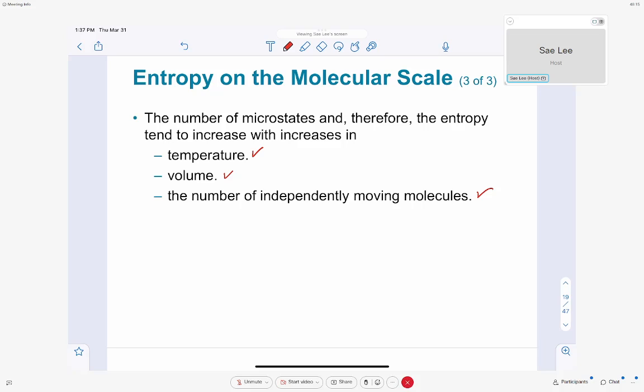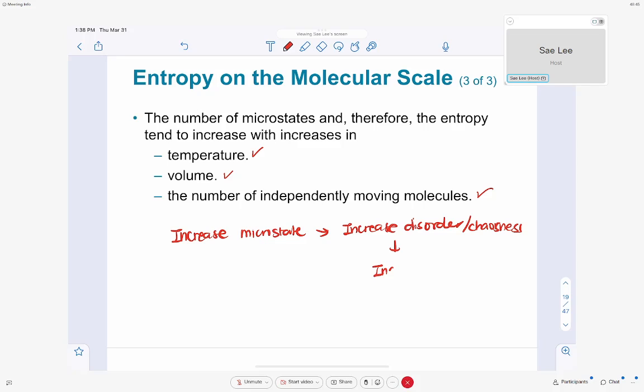Increasing microstate can be considered as increasing the chaos, the disorderedness or randomness of a system, or in the scientific term, an increase in entropy.